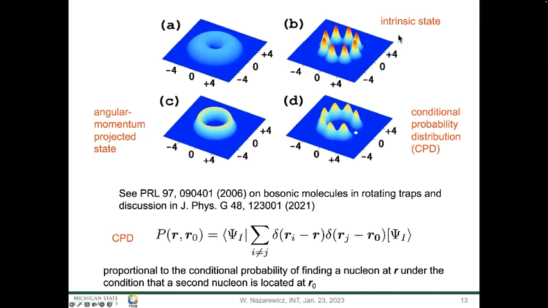But if you do calculations in the intrinsic system, you see those 1, 2, 3, 4, 5, 6, 7 atoms distributed in this way. This is the intrinsic system picture. But if you go to the laboratory system, because we know that angular momentum is conserved, this is what you will get. This is portion C, the distribution corresponding to the angular momentum projected state. And of course, it should be like this because angular momentum is conserved.